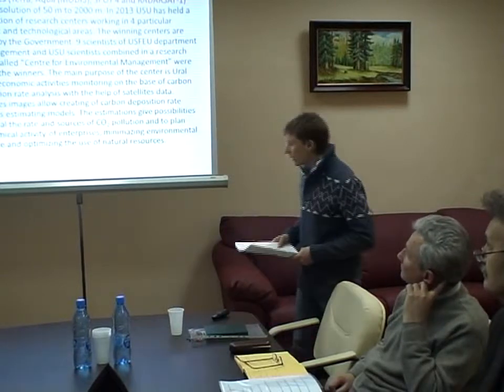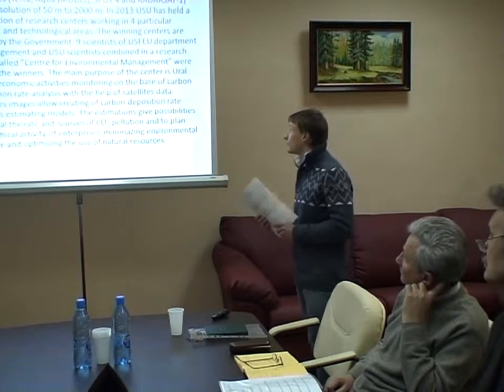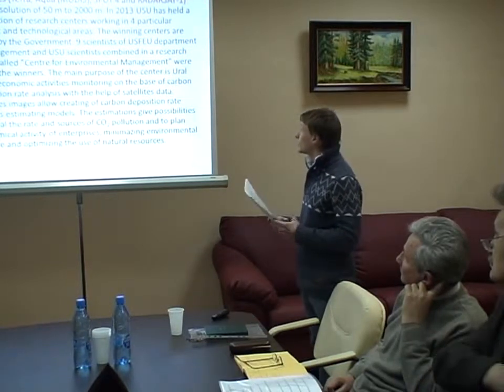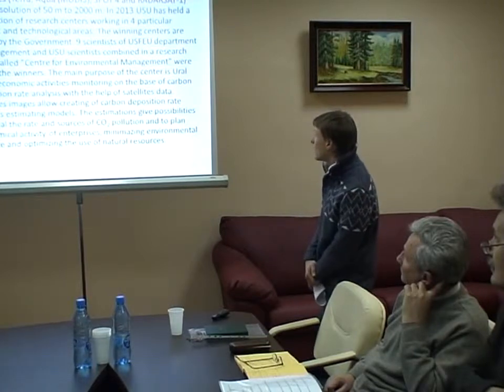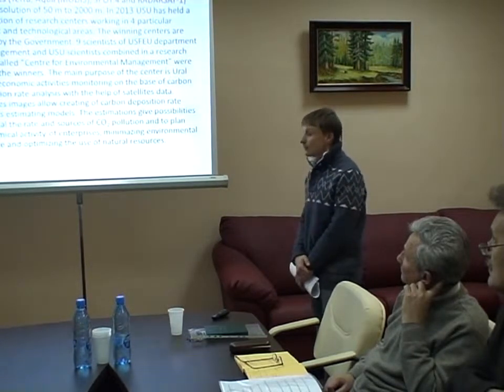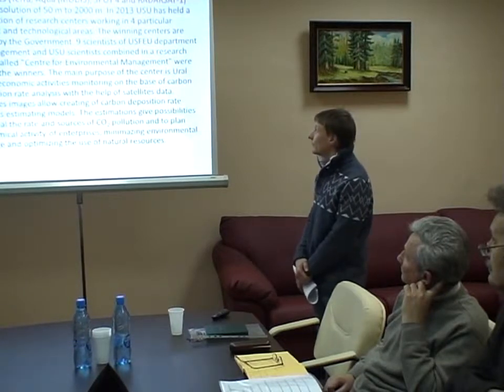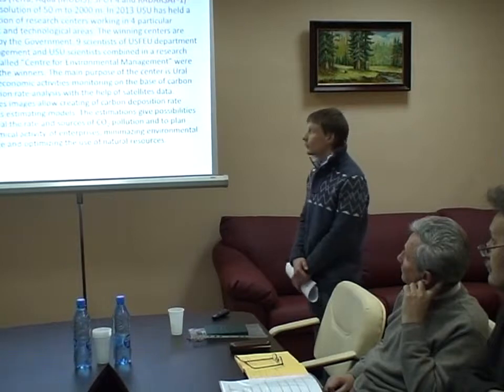for carbon deposition estimating that exists in Ural State Forest Engineering University is connected with remote sensing, and at the Ural State University, Federal one, there is distant monitoring center with the access to images of 4 satellites.